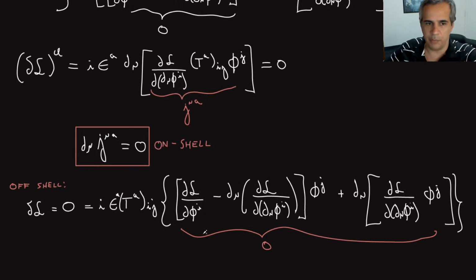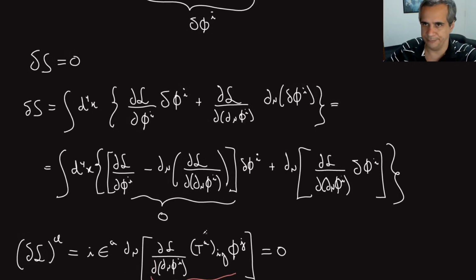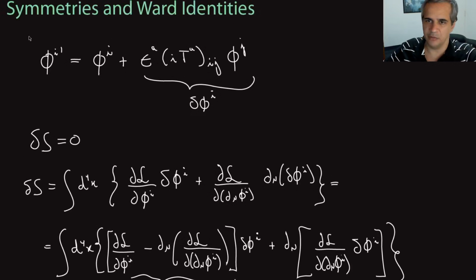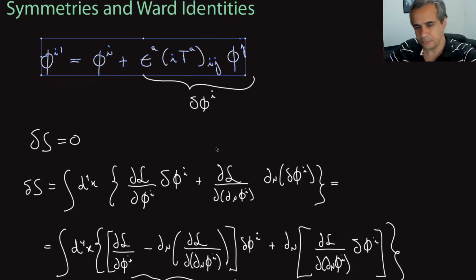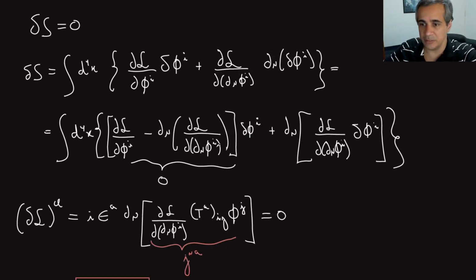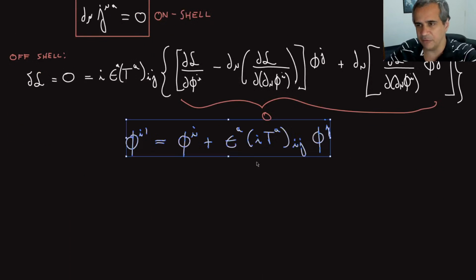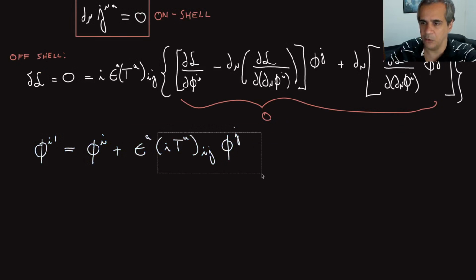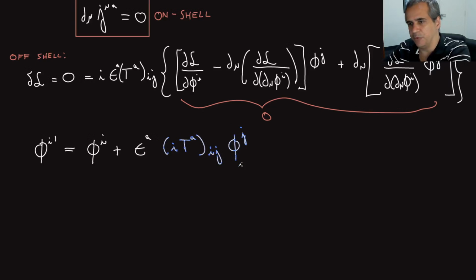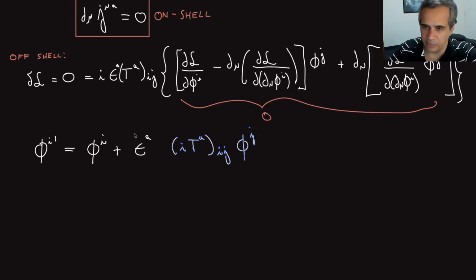Suppose I go back to my transformation and I consider the same Lagrangian, right? But under a different transformation that now I make local, right? Other than that, it's still the same group, but I'm making epsilon a function of x.